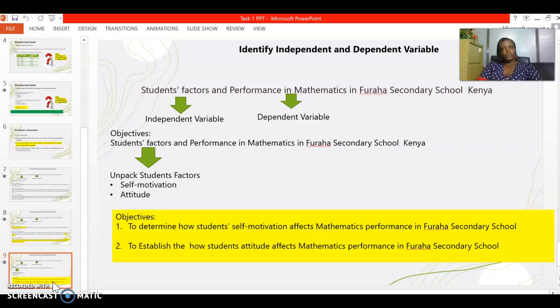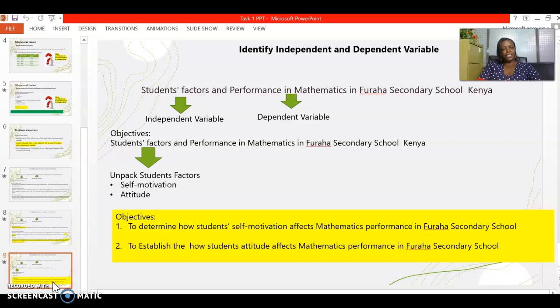So when we are setting the objectives for this particular study, we need to unpack our independent variable. And our independent variable in this case is student factors. And when we unpack, we are saying what aspects of student factors are we going to look at that will have an effect on student performance in mathematics.